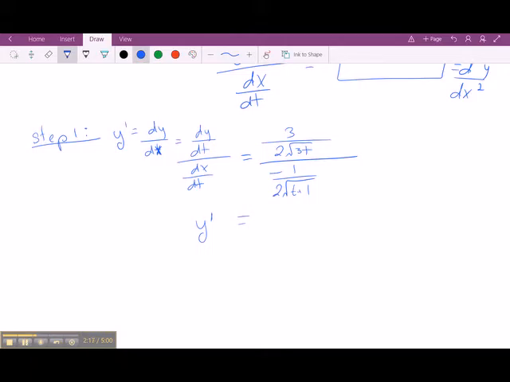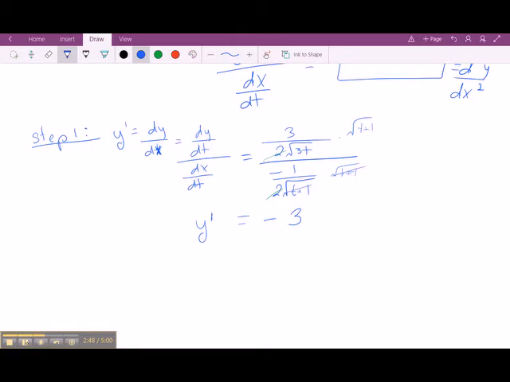I think the first thing I would do is go ahead and cancel out the 2's. And then we have a positive over a negative, so I know it's going to be negative. And then we've got 3. And then this square root, because you would multiply both top and bottom by square root of t plus 1 to get rid of it. That square root's going to come up to the top.